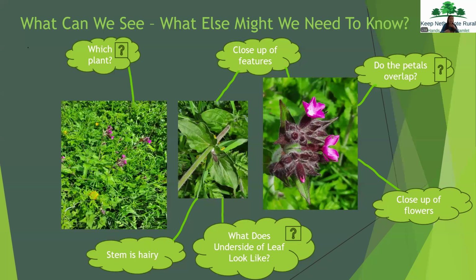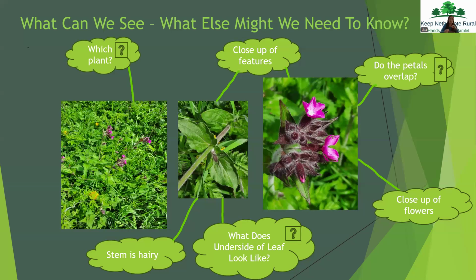So we're looking at things like leaf structure and petal structure, close-ups of the flowers, all the information that the verifier needs to see. Things like do the petals overlap. In terms of leaves, we often need to know what the underside of the leaves look like.